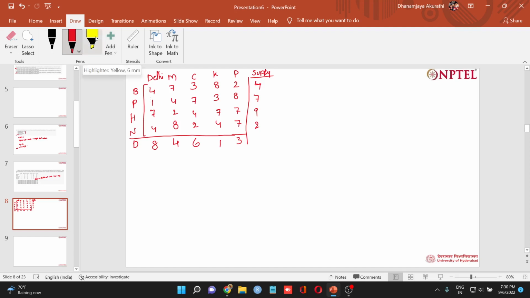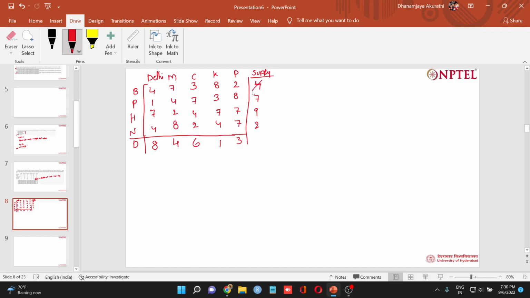Then we need to allot the quantity that is transported; these are the costs, and now we have to find the quantity transported from B to Delhi. To find that, first you need to see which is minimum, the supply or the demand corresponding to that element. Here you can easily see that the supply 4 is minimum compared to the corresponding demand 8.